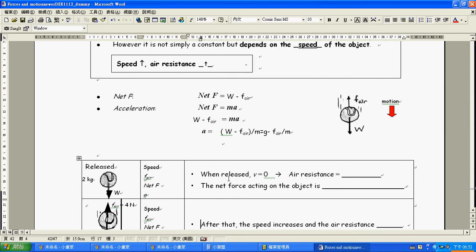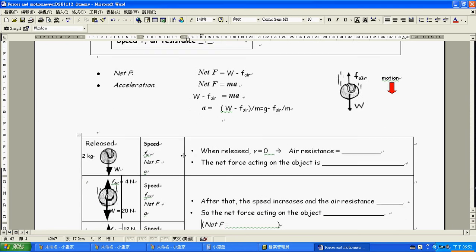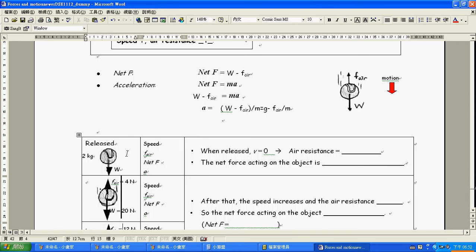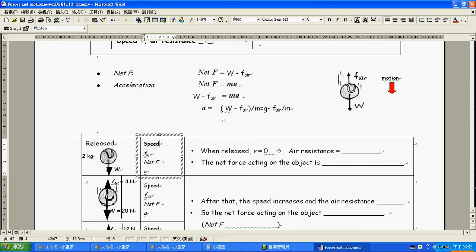Okay, so let's look at the falling bit by bit. Now suppose the ball is just released. We've got a 2 kg ball, very big indeed, and initially the speed is 0, so the air resistance is also 0.